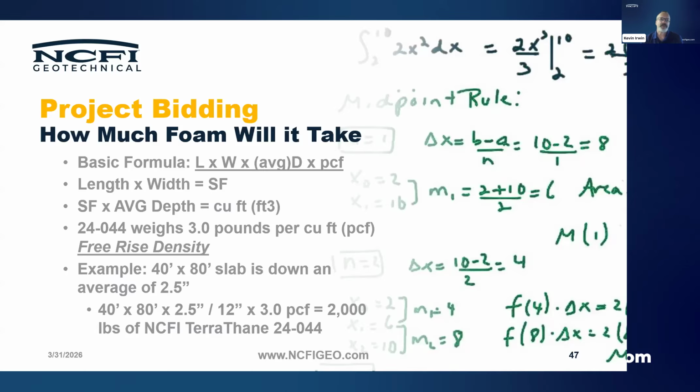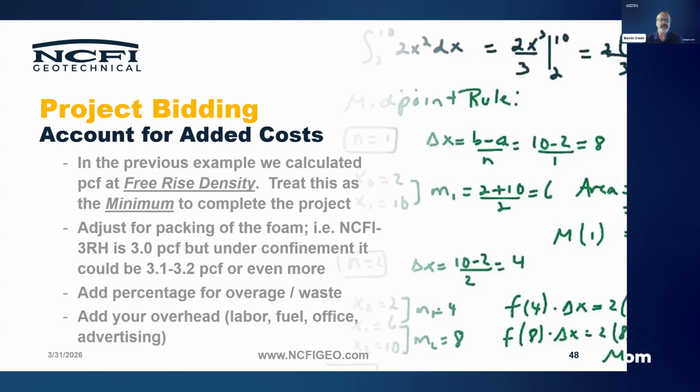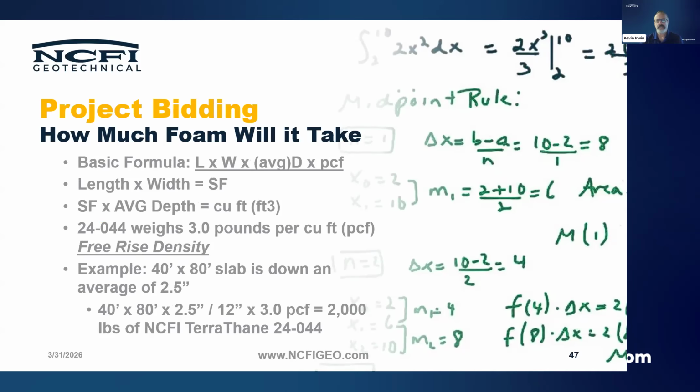That density is going to be really important to us because it goes directly to how much foam we're going to be estimating for this. You can see that we estimated using the free rise density. If you think of free rise density as the minimum density that particular polyurethane system should be when it's processed properly, that's the free rise density.